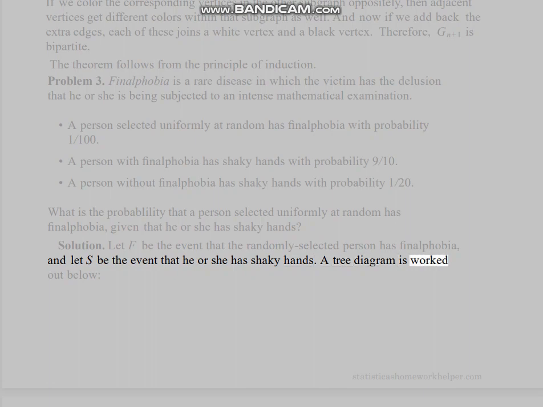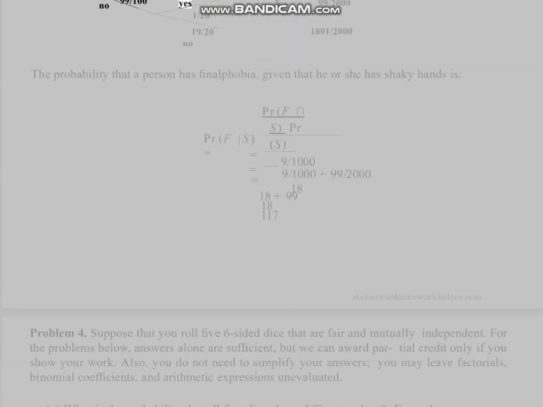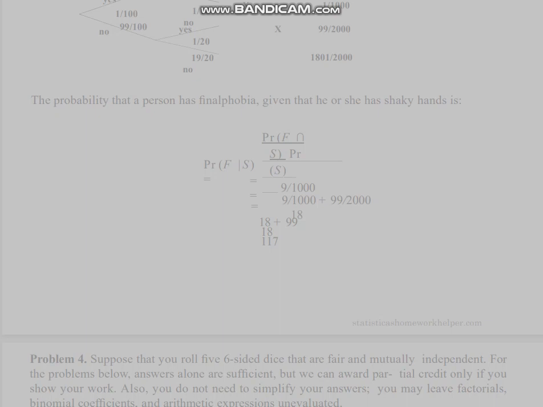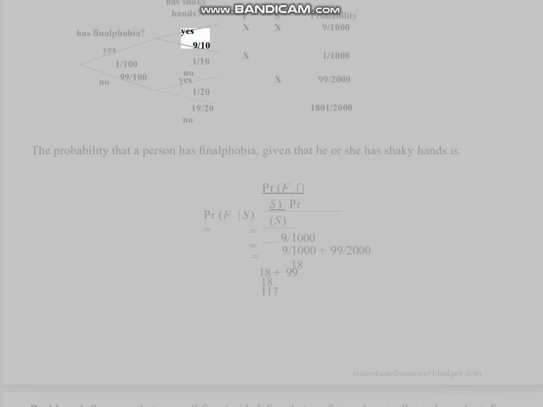A tree diagram is worked out below. Has phinophobia? Yes, 1/100; no, 99/100. Has shaky hands? Yes, 9/10, no, 1/10 for phinophobia; yes, 1/20, no, 19/20 for no phinophobia.